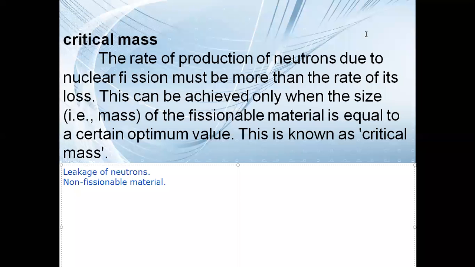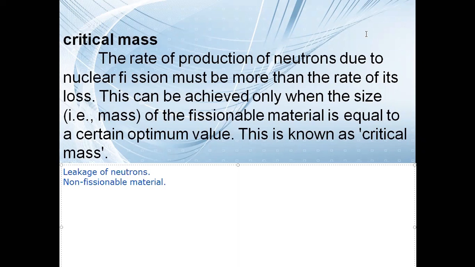Nuclear fission is also a chain reaction because of the number of neutrons produced. The critical mass is denoted as Mc. The critical mass depends on the nature, density and size of the fission material.